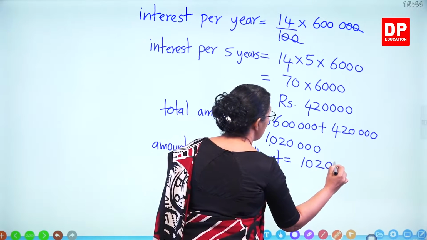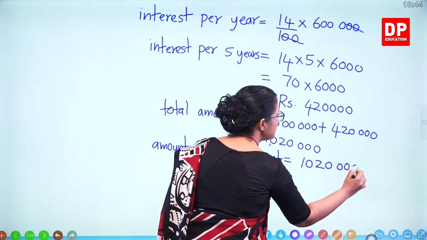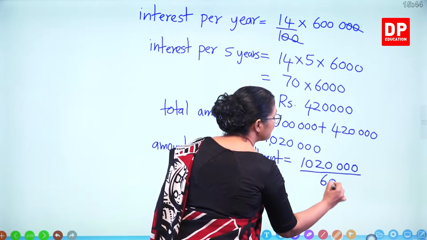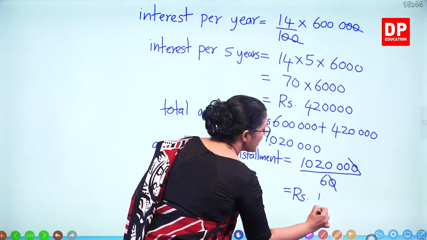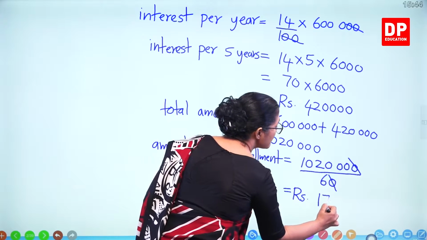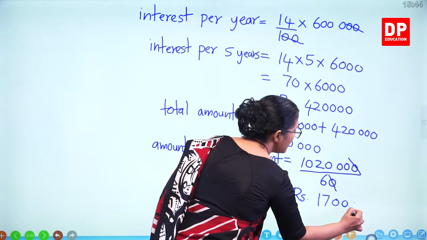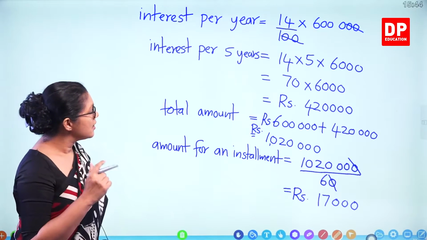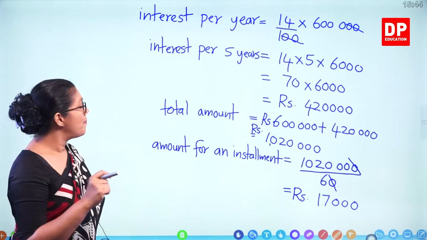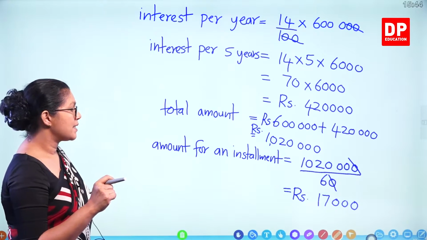So 1,020,000 divided by 60. You get 6 times 1, 6, 42, that's 7. 17,000 rupees. That's the amount he needs to pay for an installment.